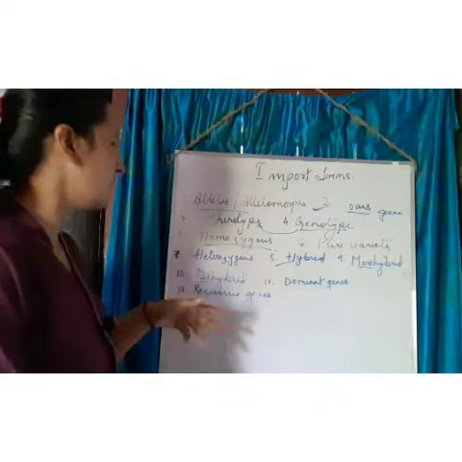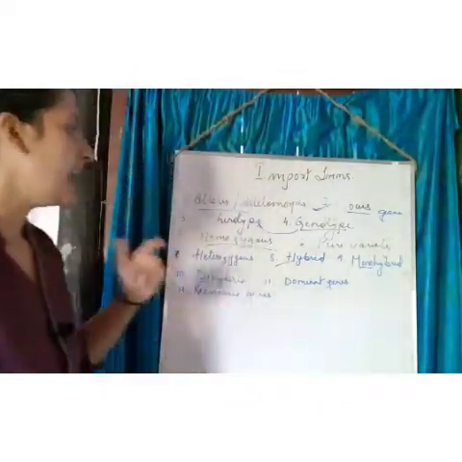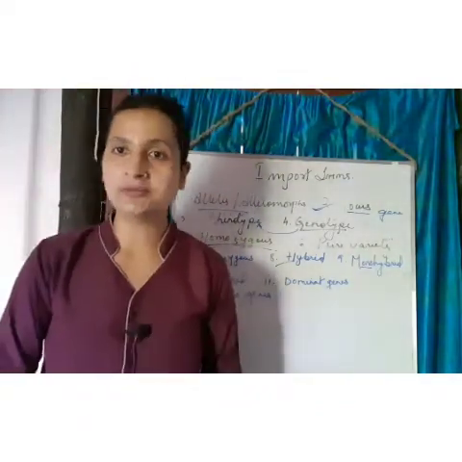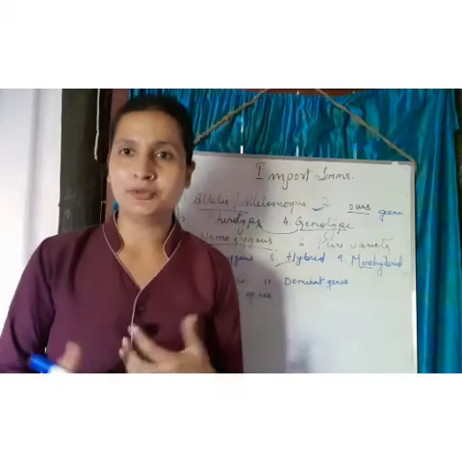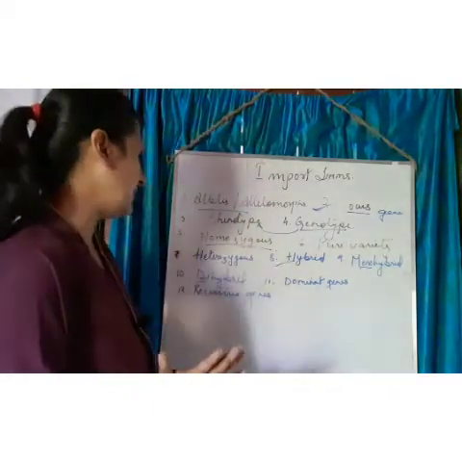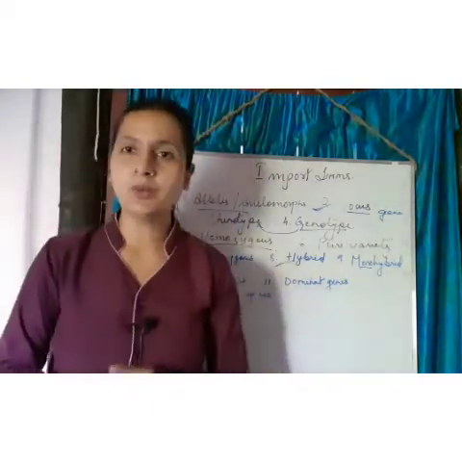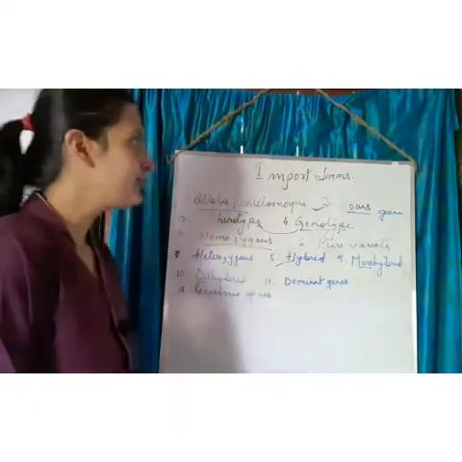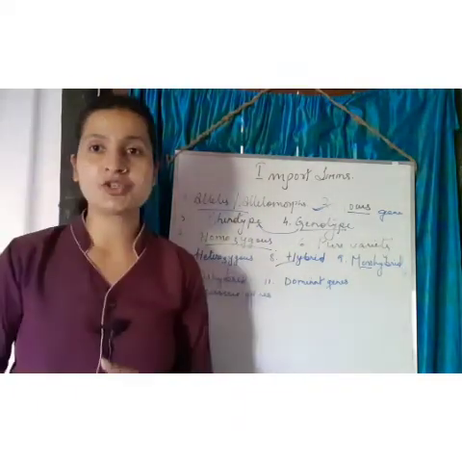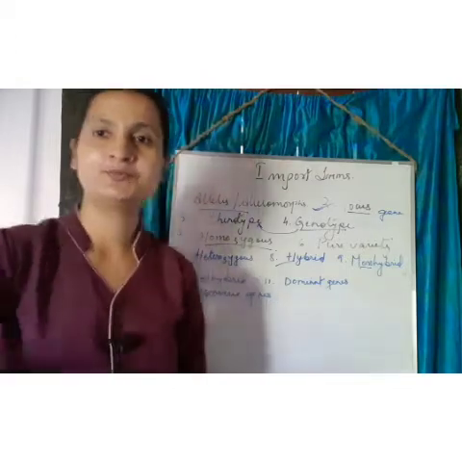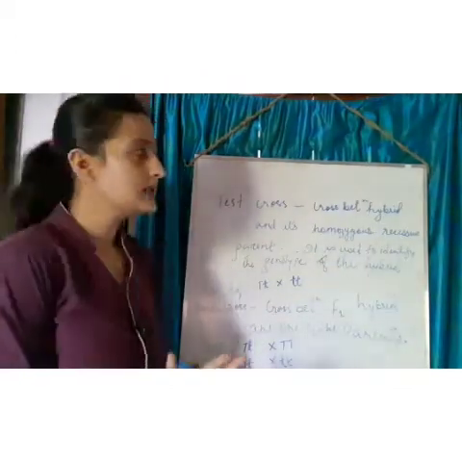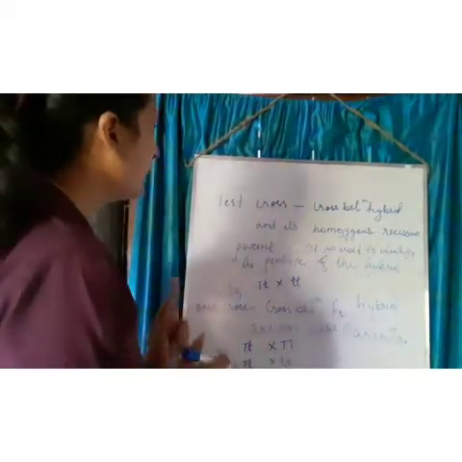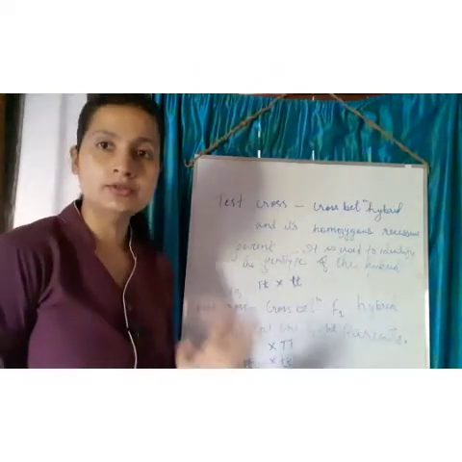And dihybrid means two characters. And dominant gene means the one which overpowers, the one which is powerful. And recessive gene is the one which is weak. I hope that this is clear to you. So there are two more terms which I will explain to you, which you should know.